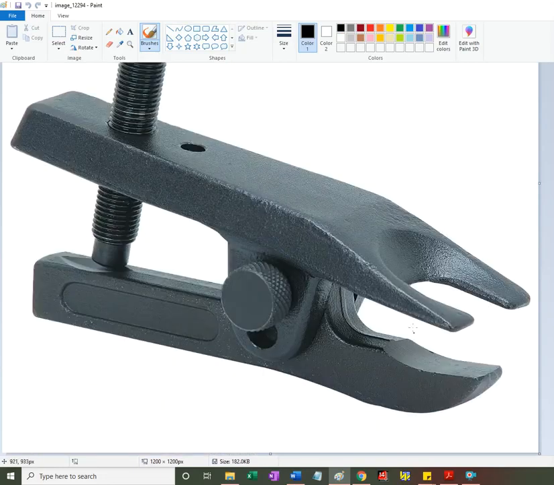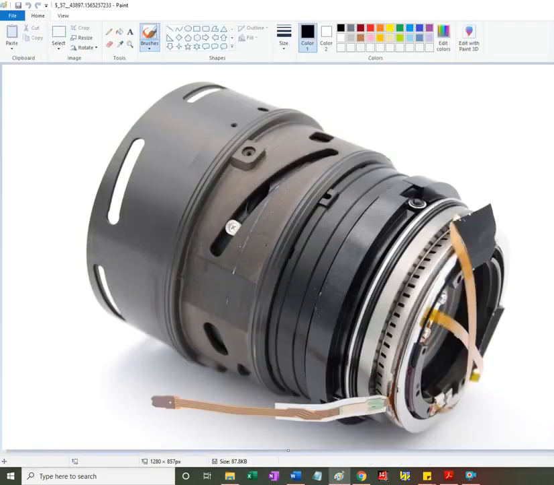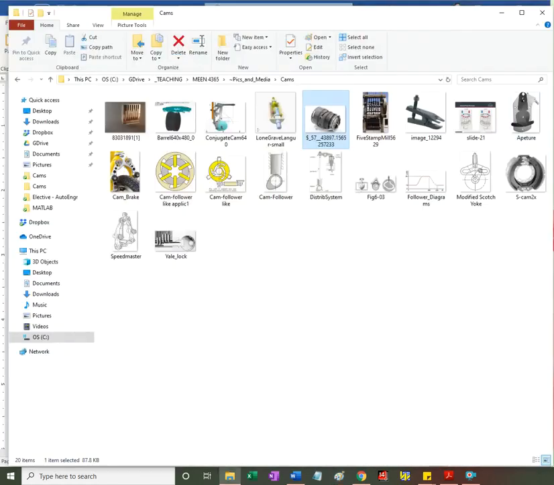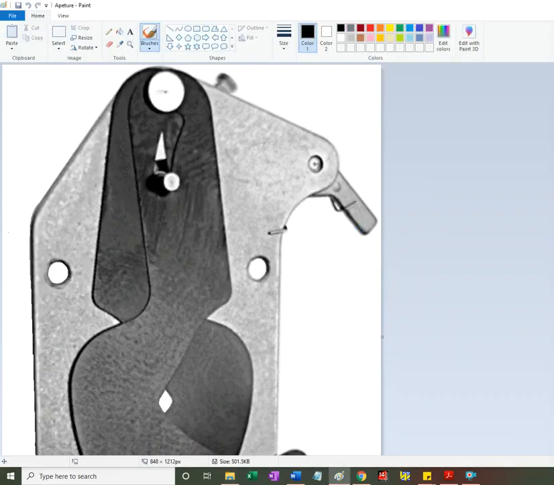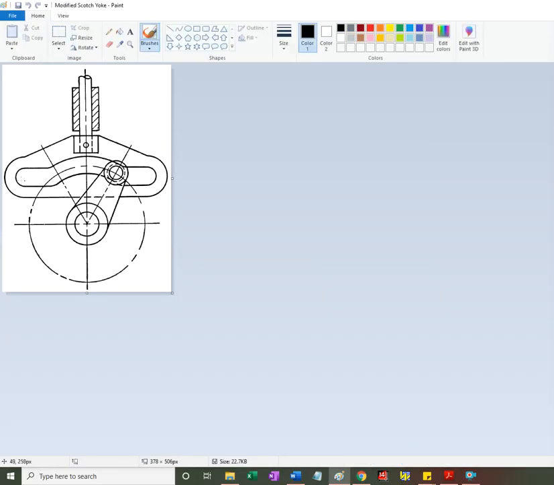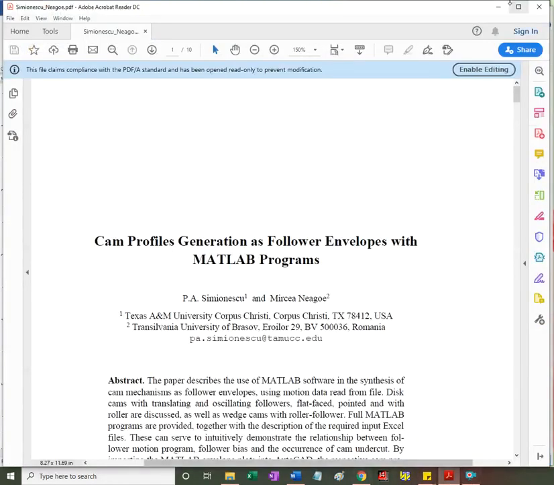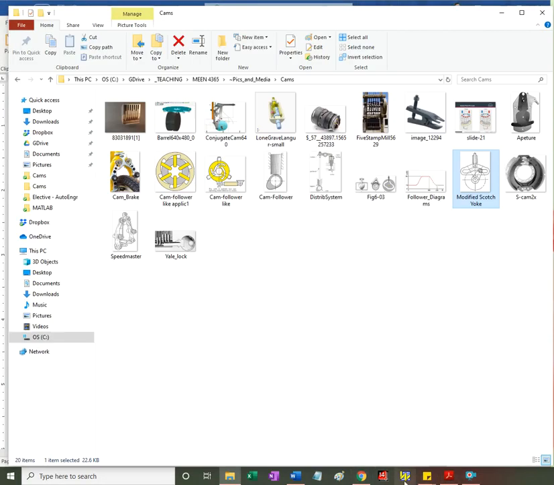This pin extractor and some other mechanisms use cams or at least profile slots. It's arguable. So for example, if we look at this, it is the Scotch yoke. It looks like one, but instead of being a rectilinear slot, it's curvilinear. Okay, so going back, we'll look at this one a little bit later.